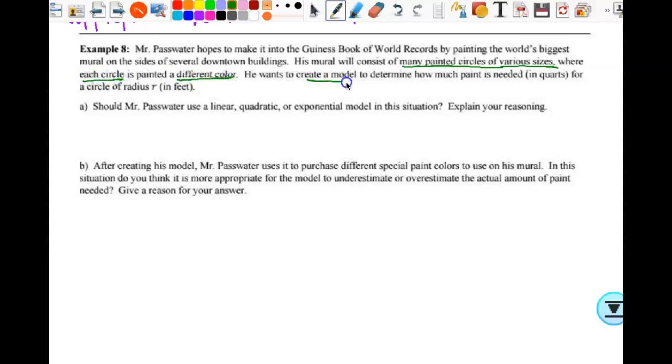He wants to create a model to determine how much paint is needed in quarts for a circle of radius r in feet. Okay? So should Mr. Passwater use a linear, quadratic, or exponential model in this situation? Explain your reasoning. So what do you think? We have to figure out how much paint we need. What kind of model do you think would make the most sense?